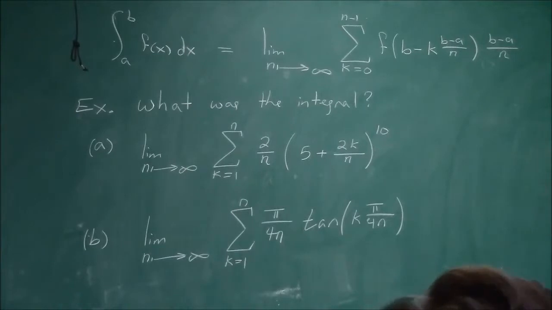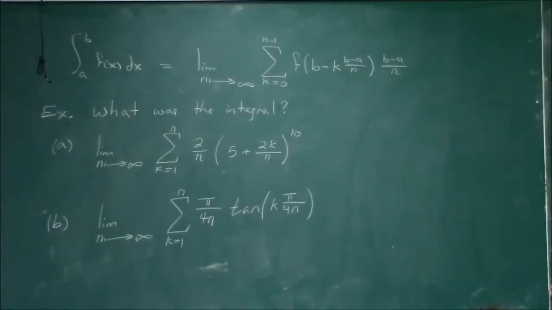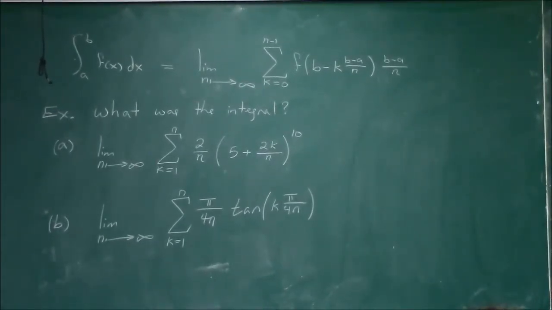In other words, looking at the sum, you have to see how somebody was constructing this integral. What was the a to b, and what was the function that was integrated?